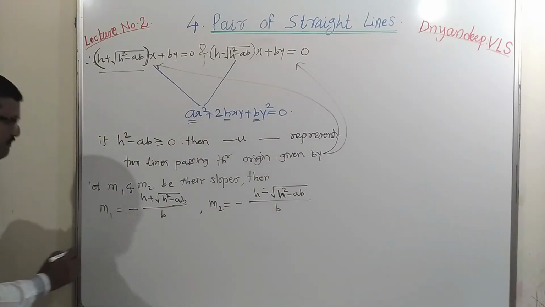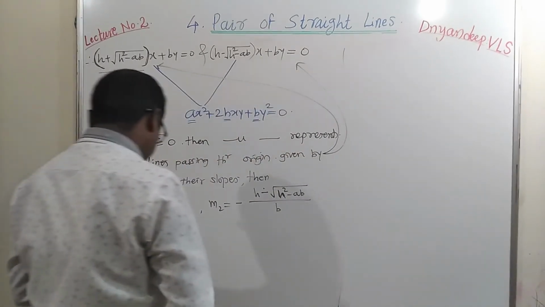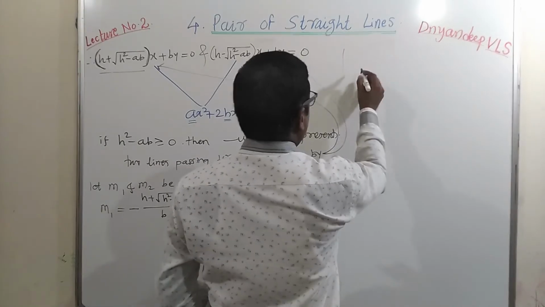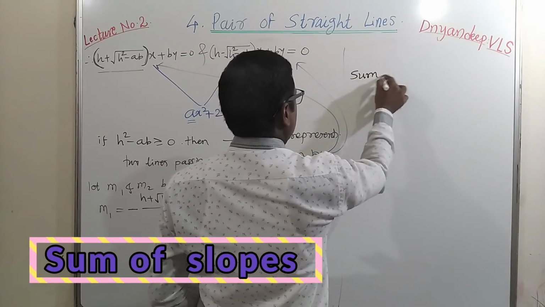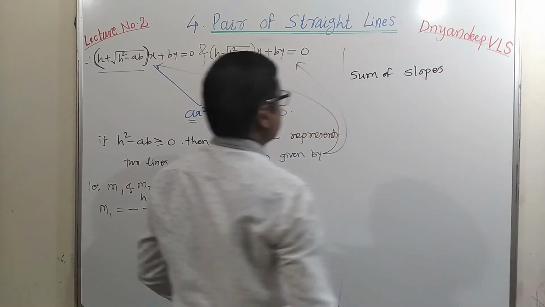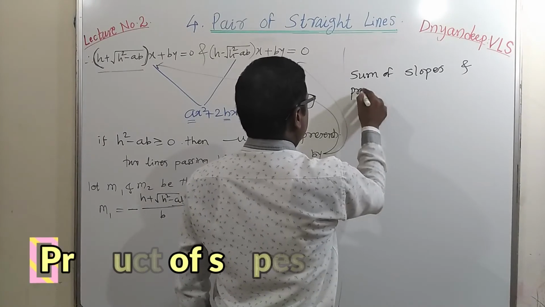Okay, now we will find the important results here, that is the sum of the slopes and product of slopes.